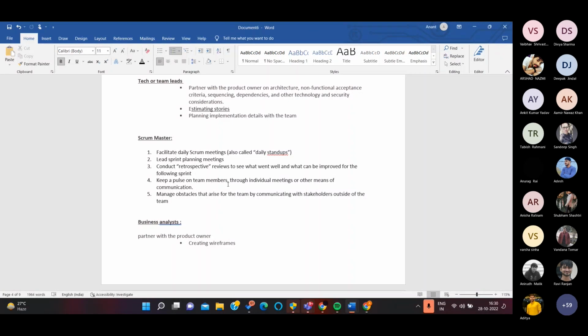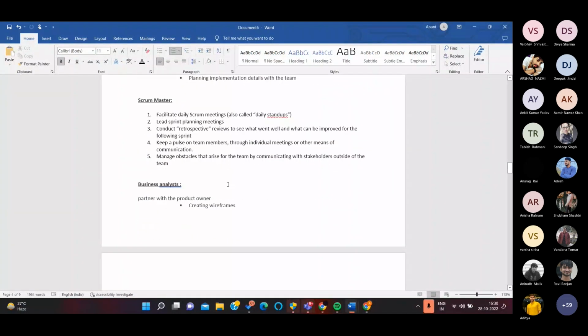So just to ensure that no one's work gets hampered due to the absence of someone from the office, or if there's a dependency on someone, that is what a Scrum Master does. They target the obstacles that a particular person can have, and who exactly can help them resolve it. So that is the role of a Scrum Master.